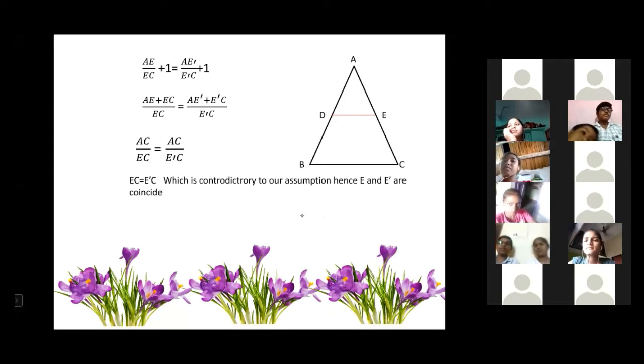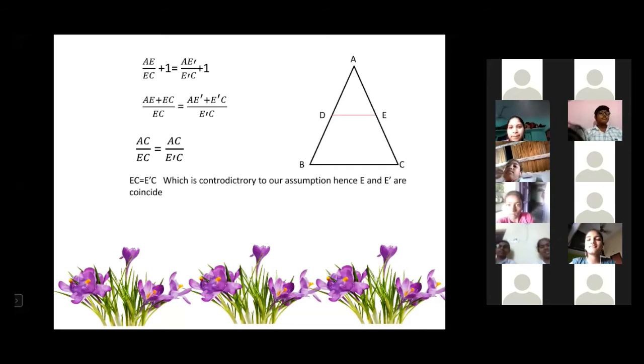Actually, geometry is somewhat difficult. Without a board and chalk, without observing the faces of the students, I am unable to understand how many students are following and how many feel difficulty. You yourself have to respond wherever you are understanding or not understanding the points, then I will interact with you and clear your doubts.